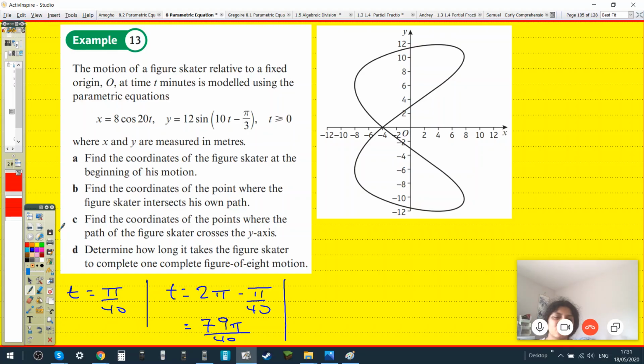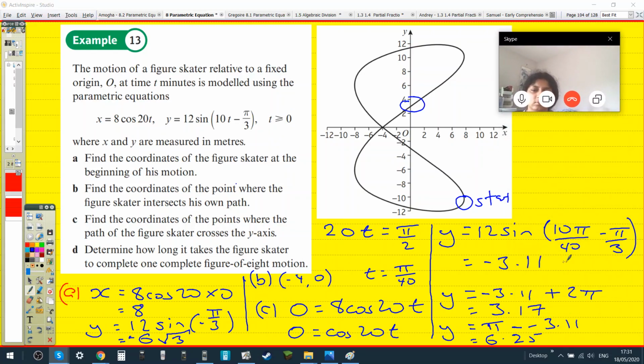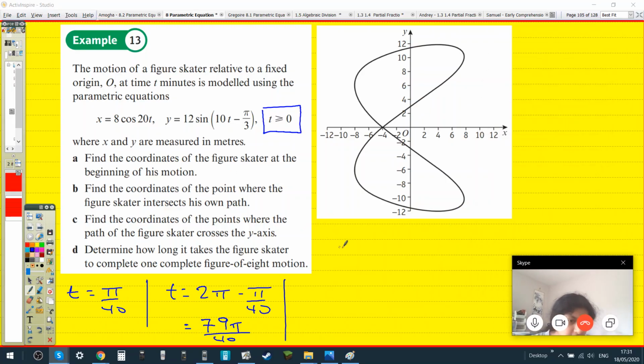On the negative version? When time is negative? Oh yeah, time would never be negative. I don't know. How did you get your additional answer for sine? Add 2 pi? Yes. Okay. So do like pi over 40 plus 2 pi?